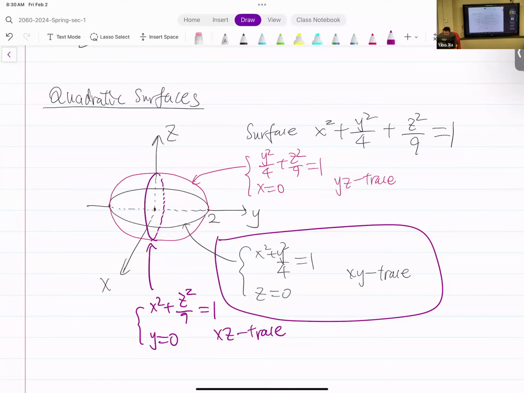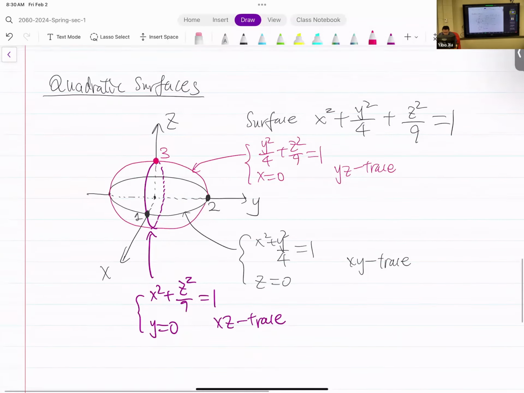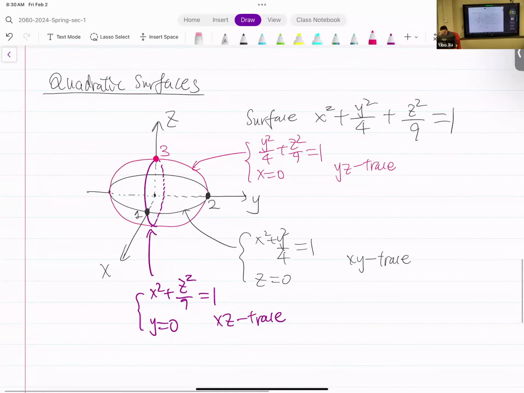So this intercept on the x-axis is 1. This point is 2. This solid point here is 1. And now for the red one, we have this point, that's z equal to 3, right? So this is what's called an ellipsoid.